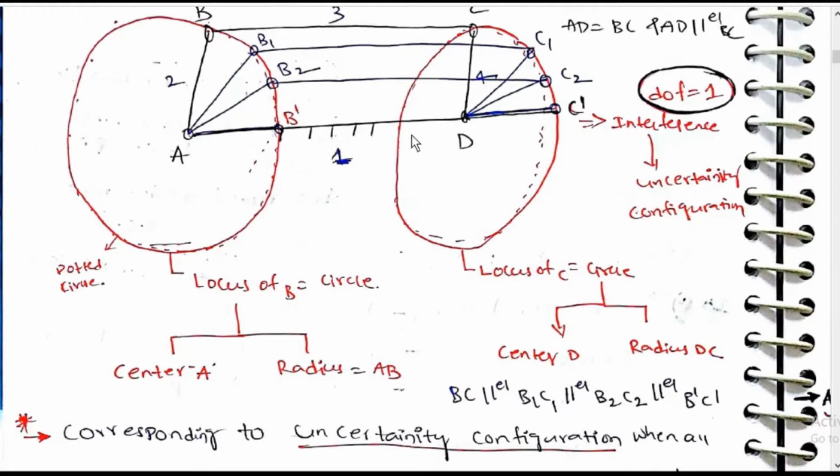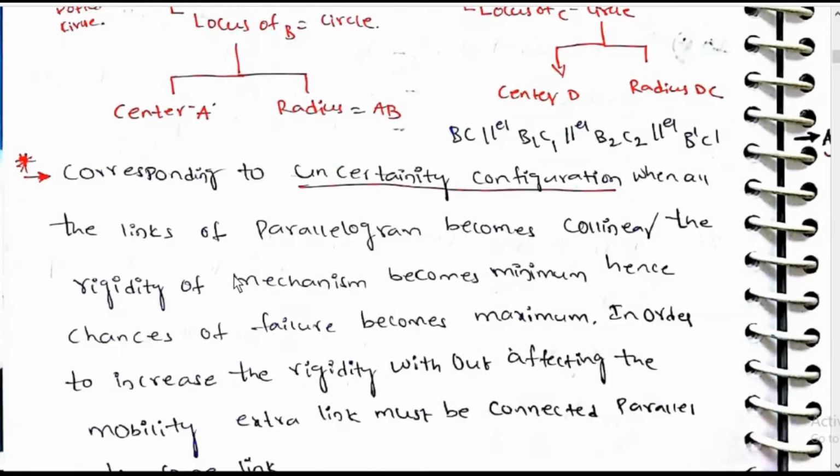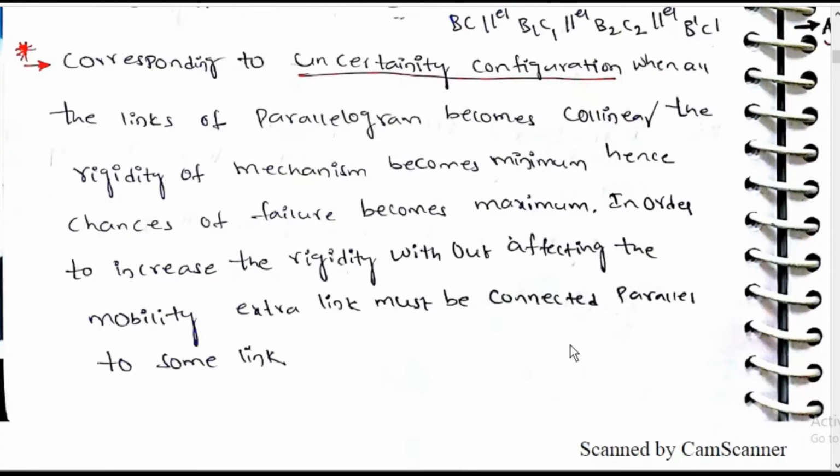Here, when all these A, B, C, D are in a straight line, like the uncertainty configuration, when all links become collinear, rigidity of the mechanism becomes minimum, chances of failure maximum.